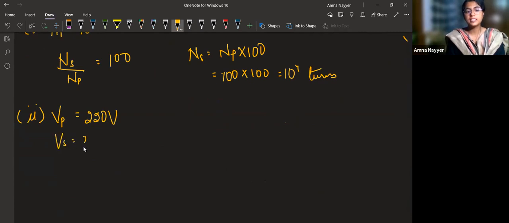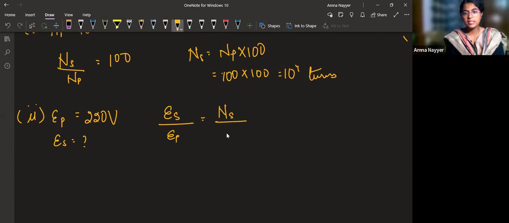Secondary VS is asked. We have NS by NP, VP also we have. If we use the relation, let's take the reverse, and let's use the symbol EMF only, because otherwise it will become confusing. ES by EP is equal to NS by NP.